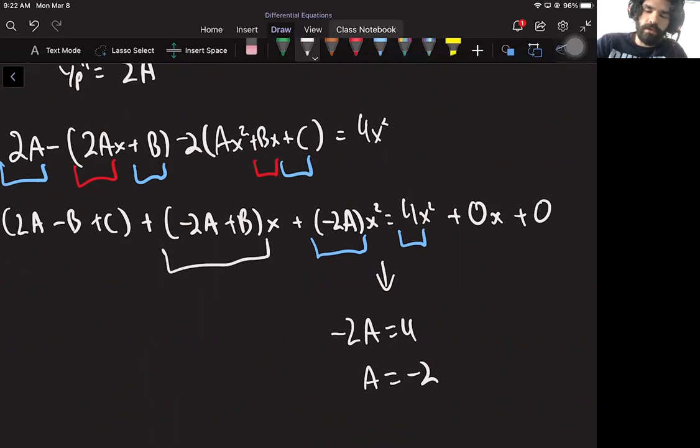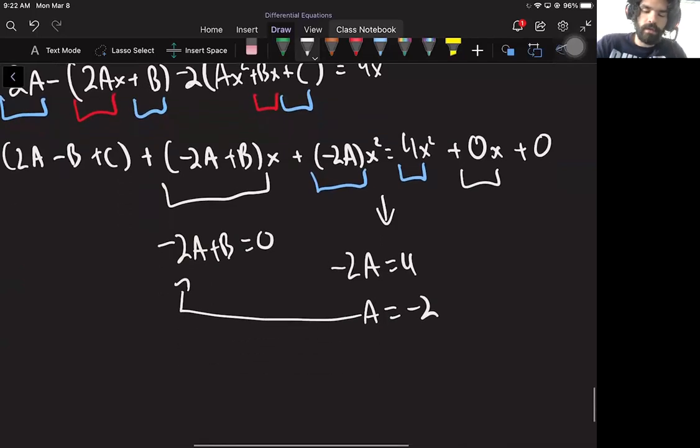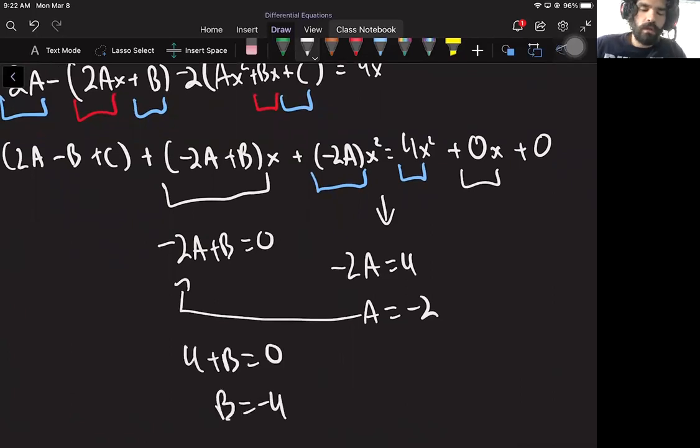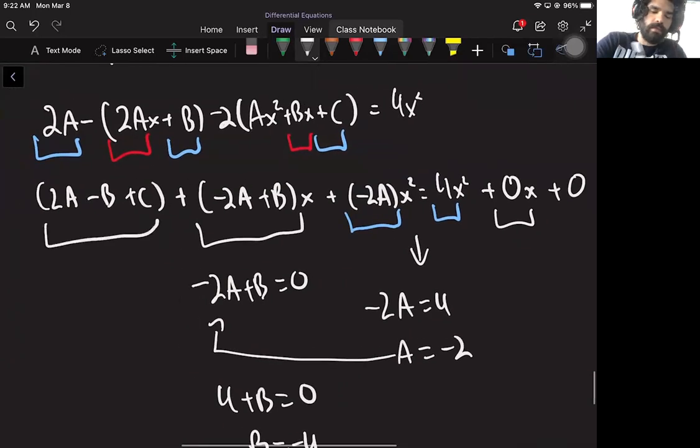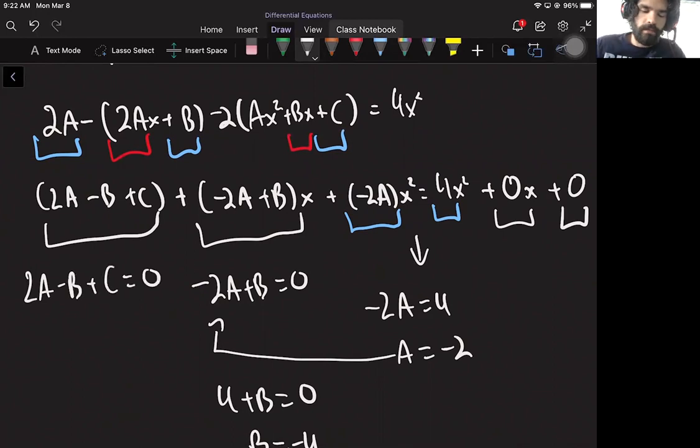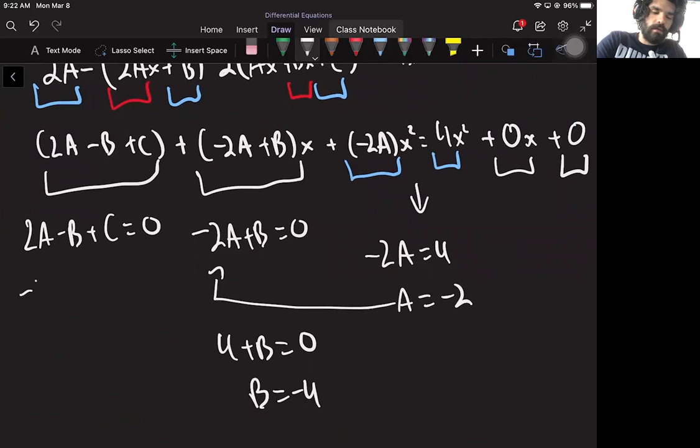And then, there's 0 x's on the right, so negative 2a plus b better add up to 0. But now I already know a, so I can figure out b. And then this better add up to 0 because there's no x terms on the right too. And now that I know a and b, I can figure out c. So negative 4 plus 4 plus c equals, that doesn't sound right.